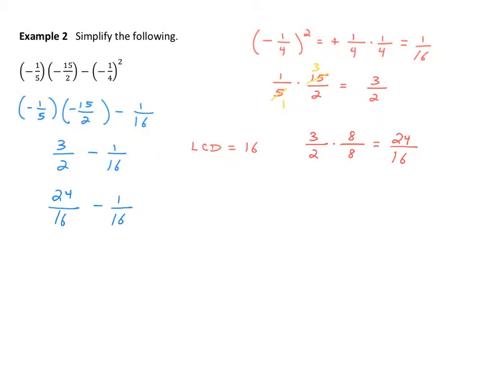Okay, it's clear to me that the answer is definitely going to be positive. The reason is the denominator of 16 does not change, and this is simply the problem 24 minus 1, which is a positive 23. I don't think there are any common factors. You could write this as a mixed number, but I think this answer is completely acceptable. So the answer to this whole expression was 23/16.